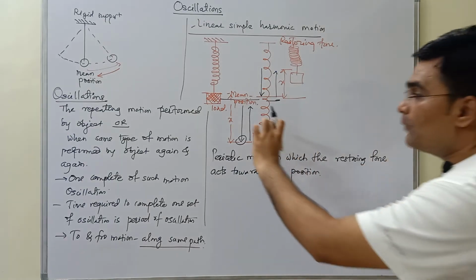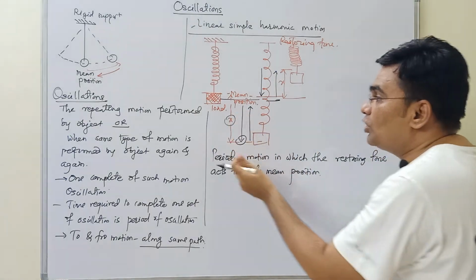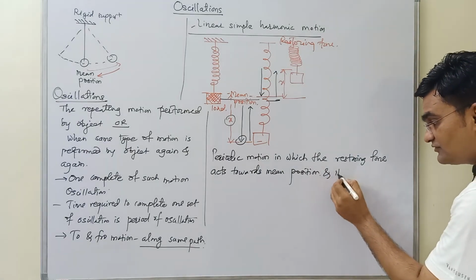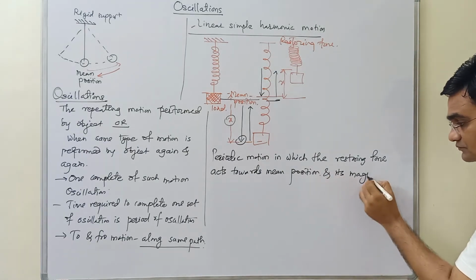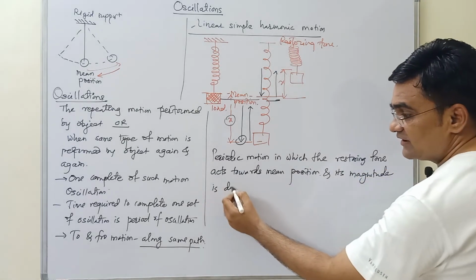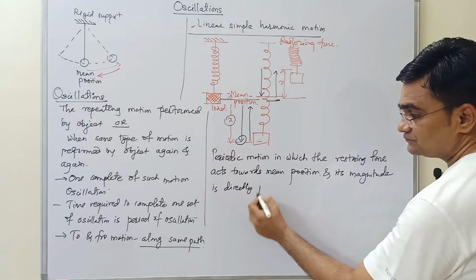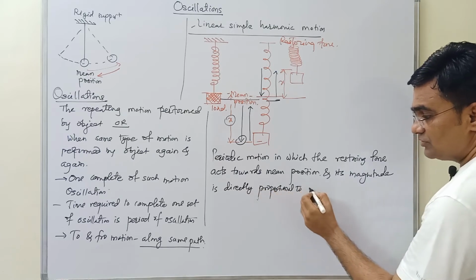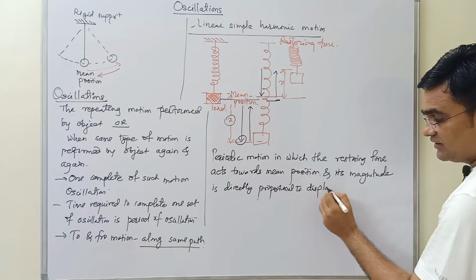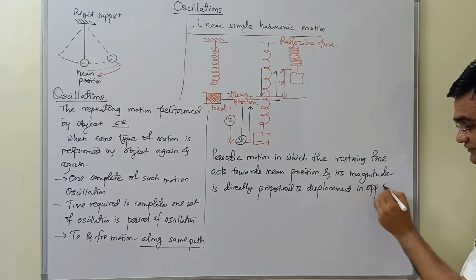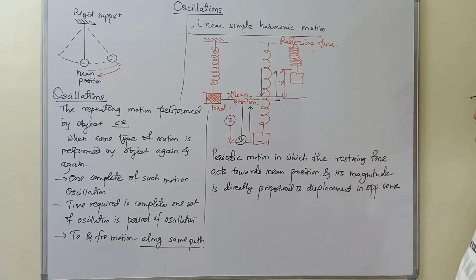Now, the more the displacement, the more the force will try to pull it back, and its magnitude is directly proportional to the displacement of the particle in the opposite direction.